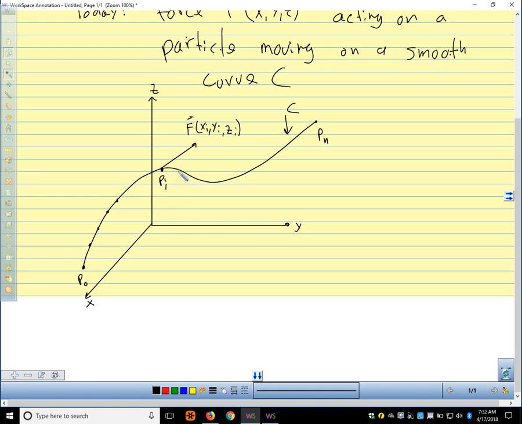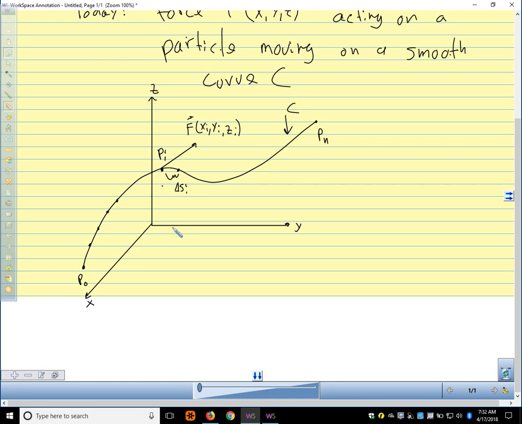And the distance here along the curve is going to be delta s sub i. And we're going to sum the work done in moving that. I'm going to move this P sub i to the other side of the curve. There we go. We're going to sum the work done as we're adding each little portion of the work as we move along the curve.